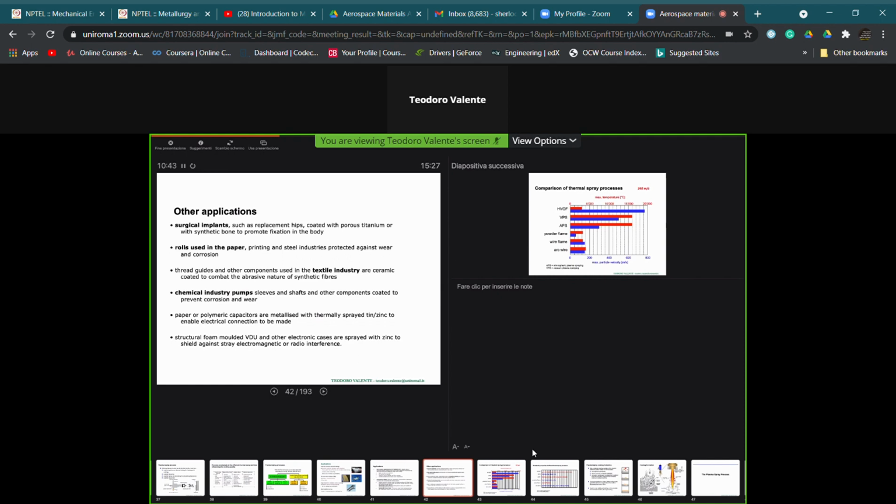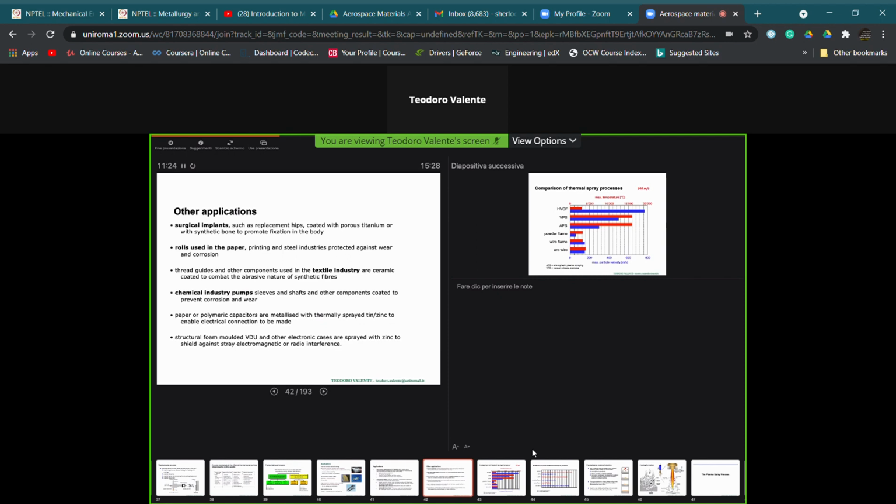And obviously, if the surface of the rolls is damaged due to wear, the quality of the paper you fabricate is not good. So you need very hard surfaces, and usually they are fabricated with the principle of a sort of composite material: the substrate, the cylinder, which has the function to resist loads and support the surfaces, for which the desired hardness and friction resistance, generally speaking, is given by using thermally sprayed coatings.